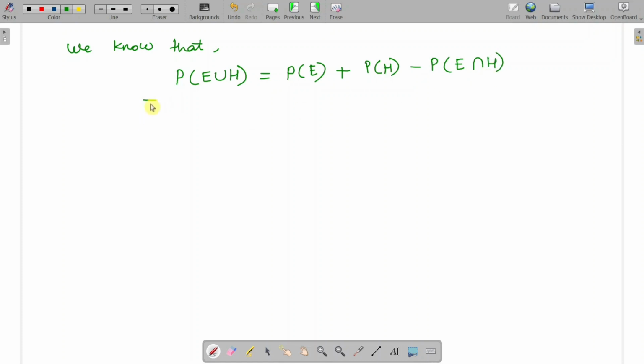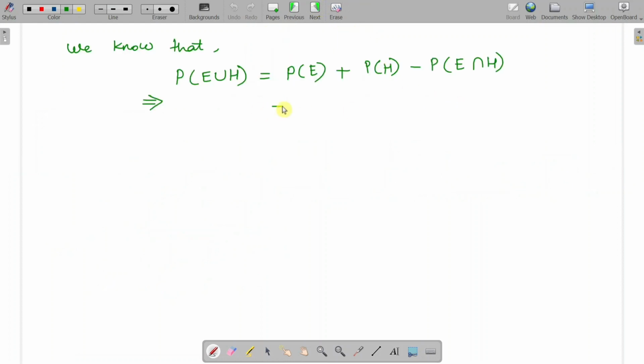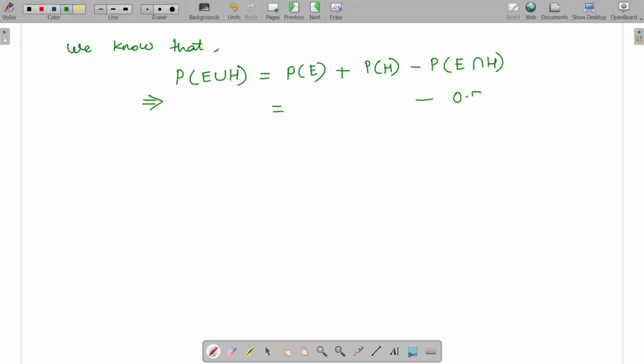Okay, so this implies what we have is E intersection H, so minus 0.5 is there with us.